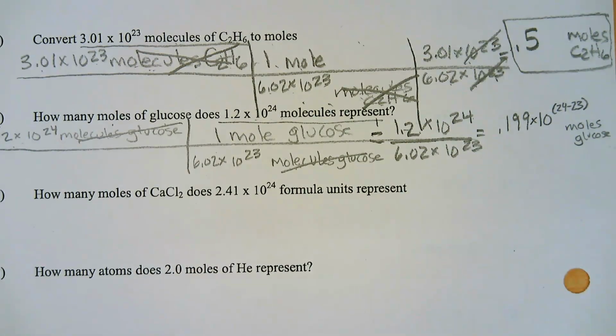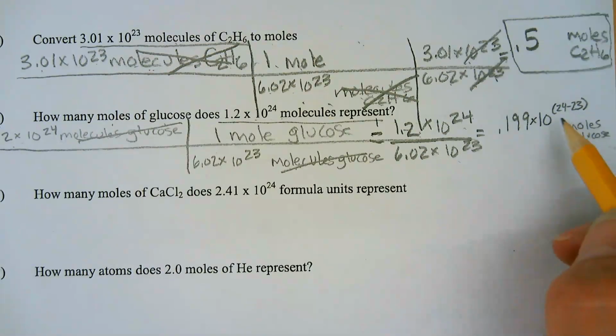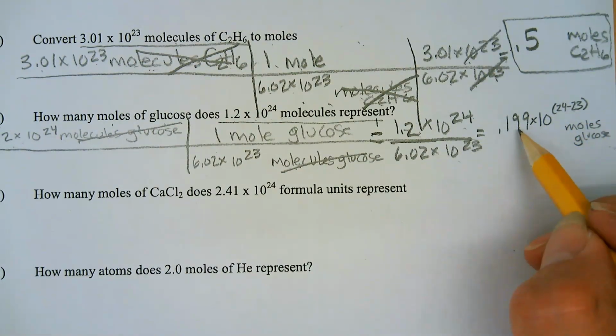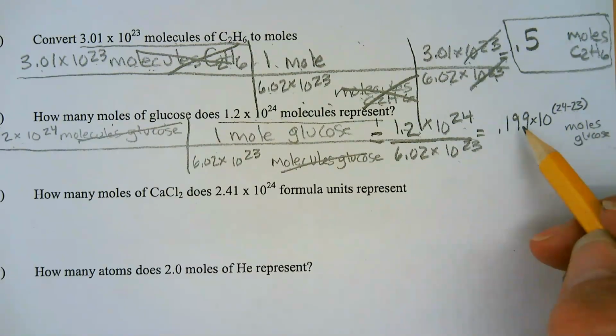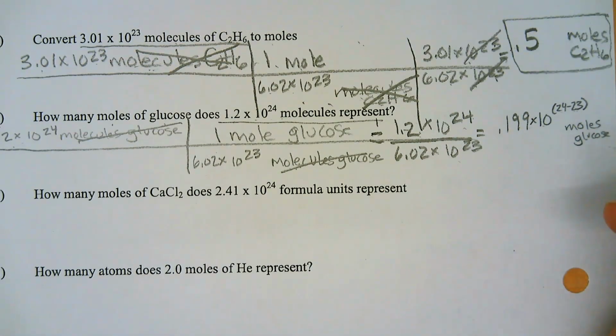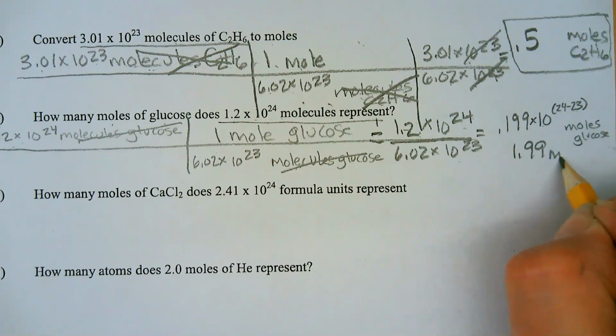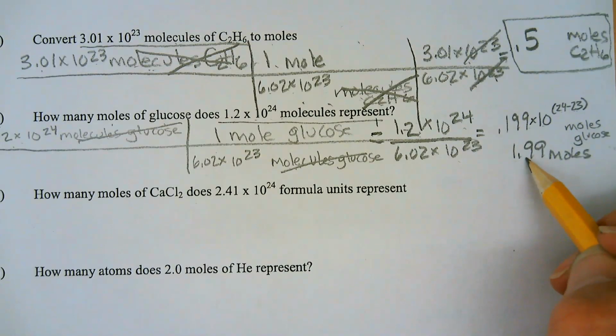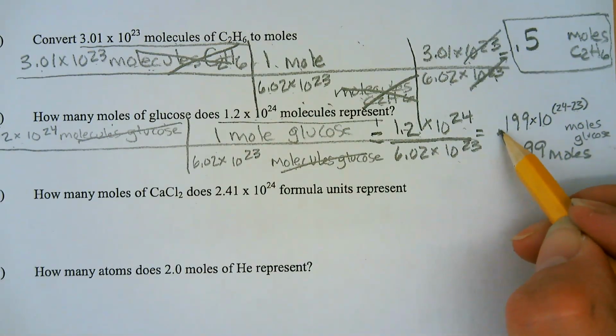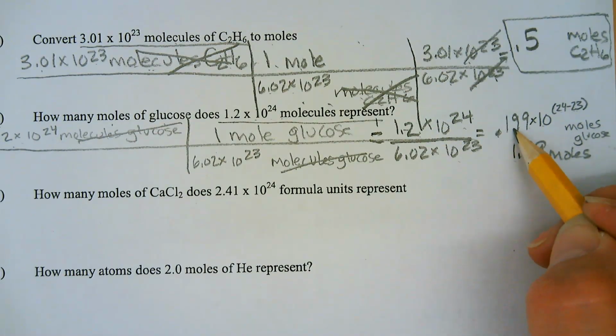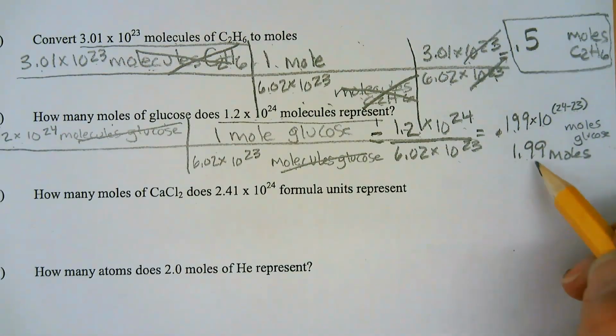I will be giving you, next class, a go-by that shows you how to divide numbers with exponent scientific notation and how to multiply it. But this is how you do it. So 24 minus 23 is 1, so it's 0.199 times 10, which is equal to 1.99 moles. Which is great because the scientific notation police would have had a real problem with us having the decimal here. We'd have to move it there anyway, but since we multiplied times 10, that's what it makes us do. Yay!